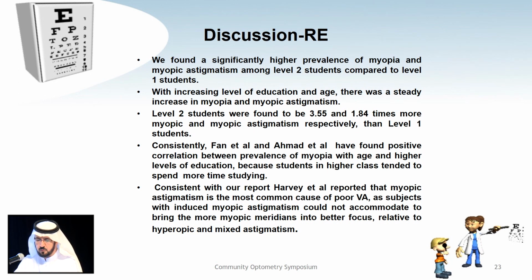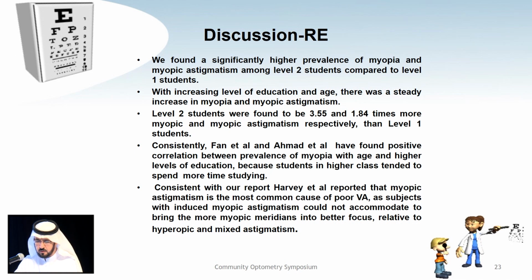Level 2 students were 3.5 and 1.84 times more likely to have myopia and myopic astigmatism, respectively, than level 1 students. Consistently, Fan et al. and Ahmed et al. found a positive correlation between prevalence of myopia and age and higher levels of education, because students in higher classes tend to spend more time studying.